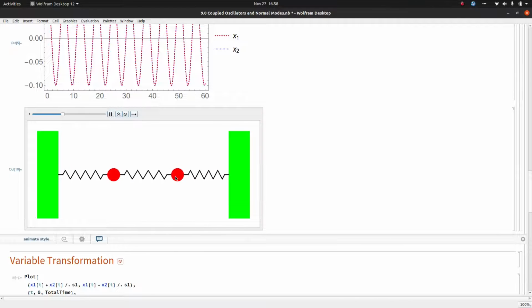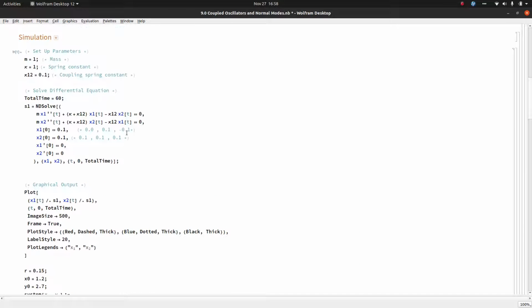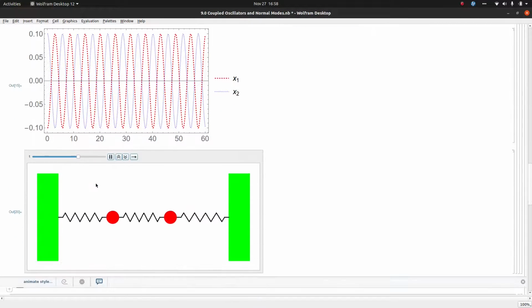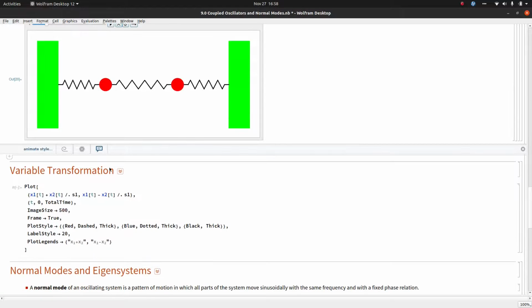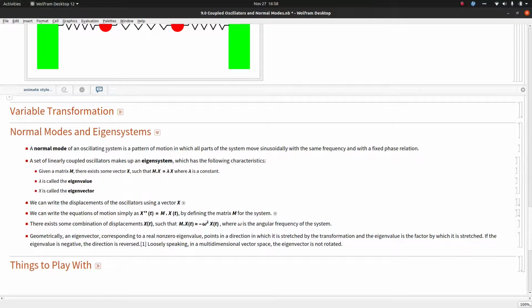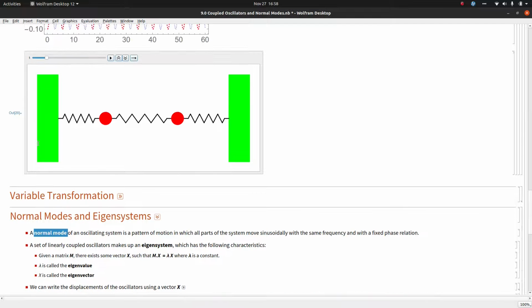And then the same thing if I were to put them out of phase. So I'll start them out of phase. You can see now they move out of phase. They're out of phase, but they're moving with the same frequency, even if they're out of phase by 180 degrees. So those two modes are the normal modes of this system.